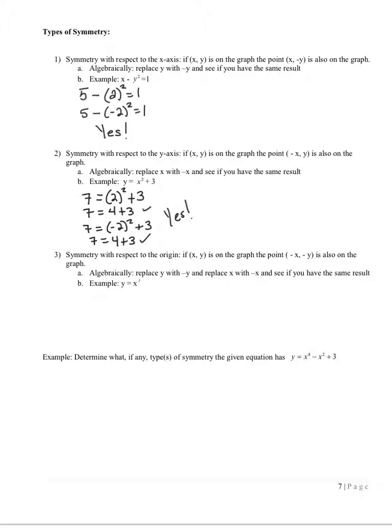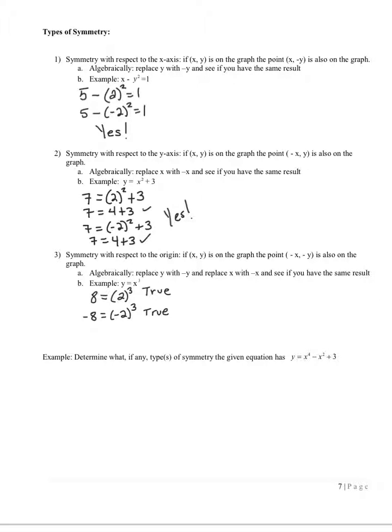In our last example, we're looking at symmetry with respect to the origin. If x, y is on the graph, the point negative x, negative y is also on the graph. In this case, we would have to replace y with negative y and replace x with negative x to see if we have the same result. Let's use y equals x to the third as our equation.